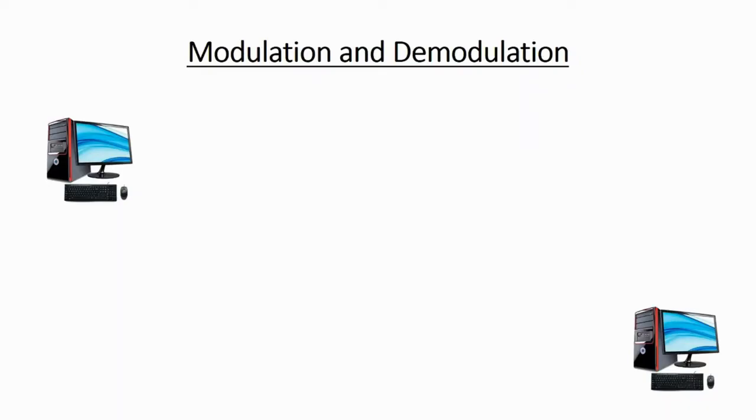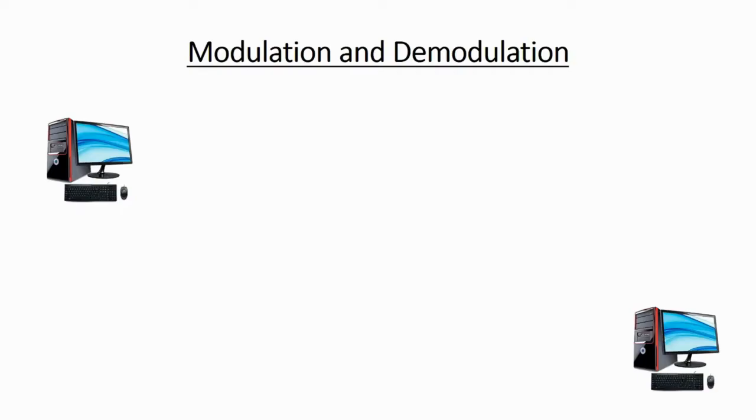Now what is modulation and demodulation? Suppose this is your computer and you're trying to access data, a website, where the data is present in this particular computer. Call this computer a server machine. So you are requesting some data from this server, and this is a remote machine, placed somewhere far away.